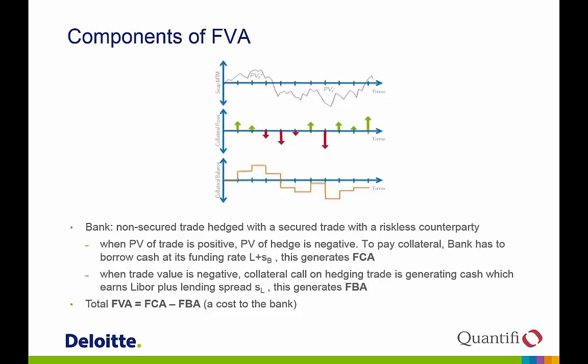So when the PV of the original trade with the corporate is positive, the PV of the hedge will be negative, and there will be a margin call to pay collateral on this hedge trade.